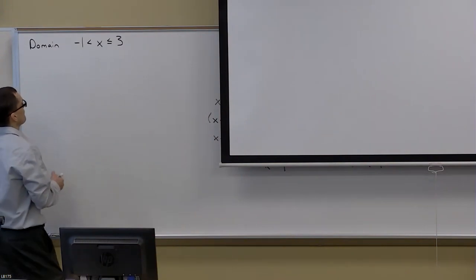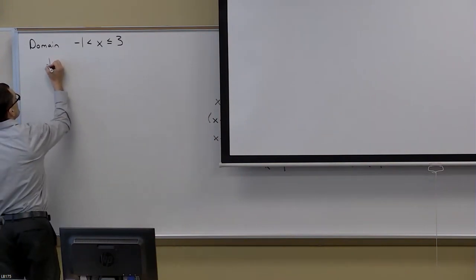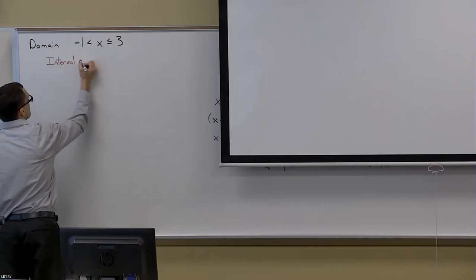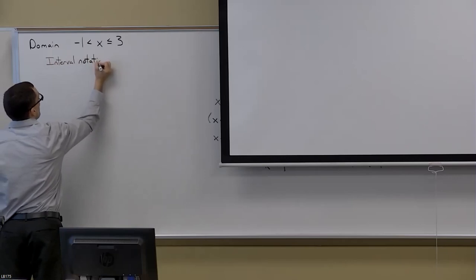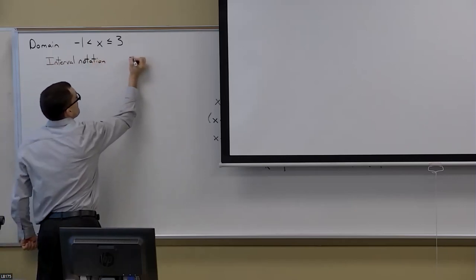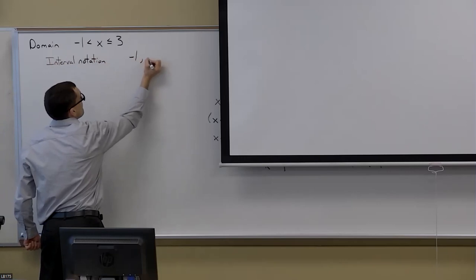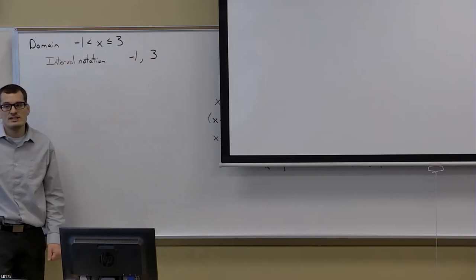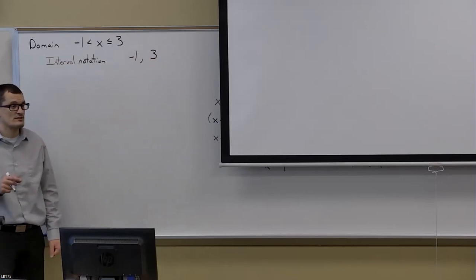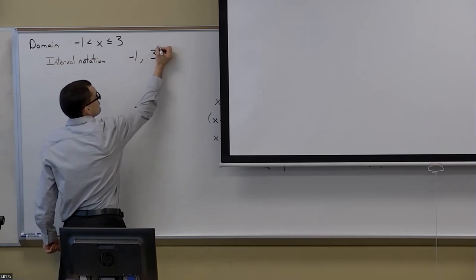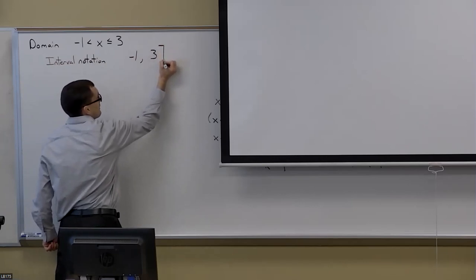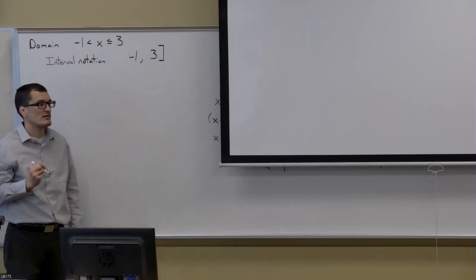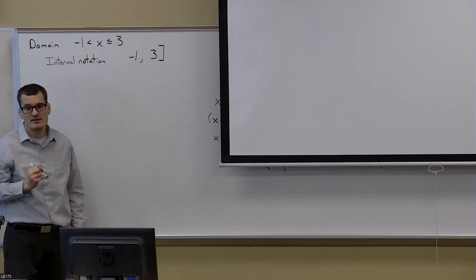There's also interval notation that says we're going from -1 to 3. If your graph touches the number, you put a square bracket on it, like on that 3.